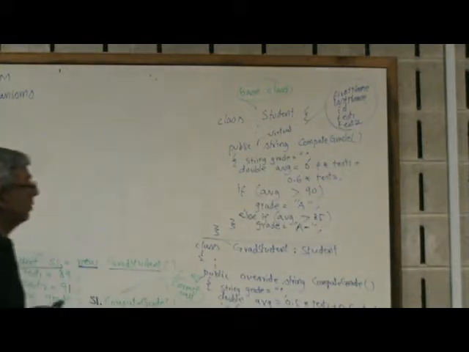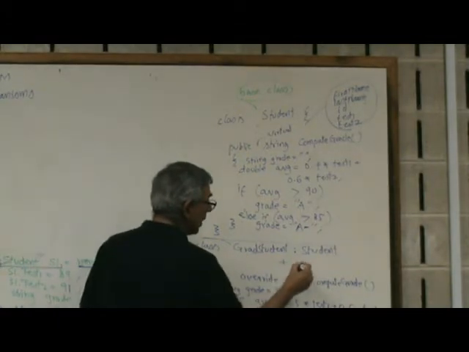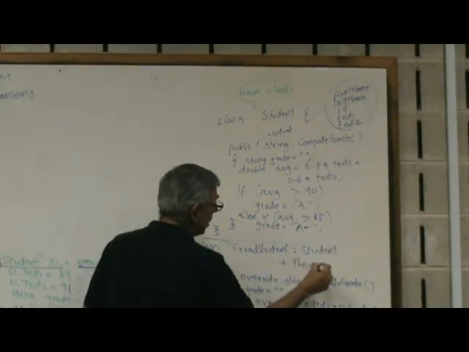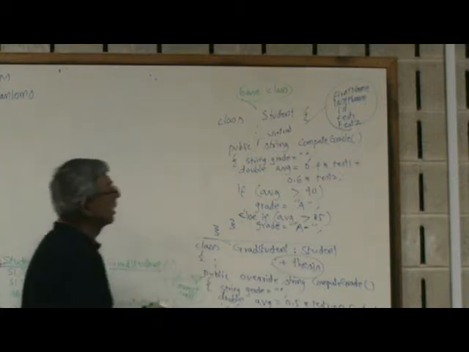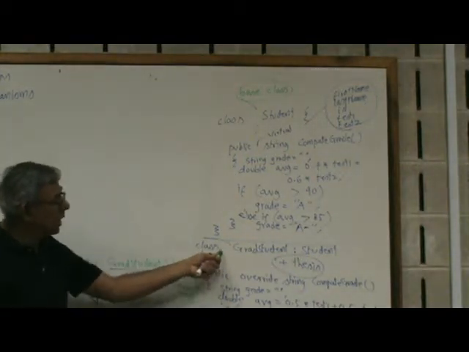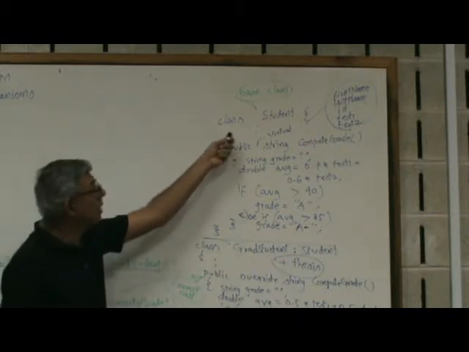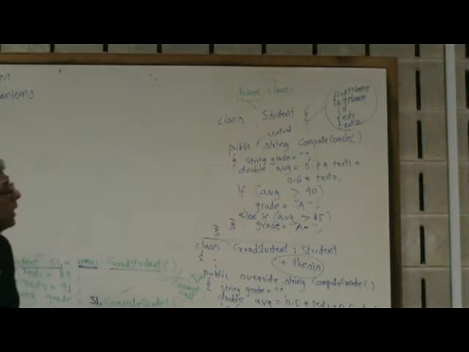No thesis over here, okay? In the grad student, suppose we have an additional field called thesis. So total six fields over here: first name, last name, ID, test1, test2, and thesis. Over here, first name, last name, ID, test1, test2, but no thesis. Okay? So now let's go over here.